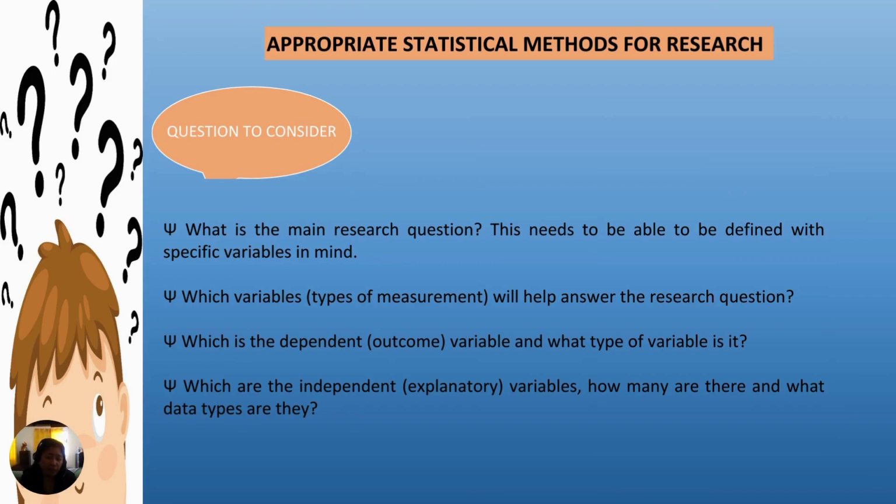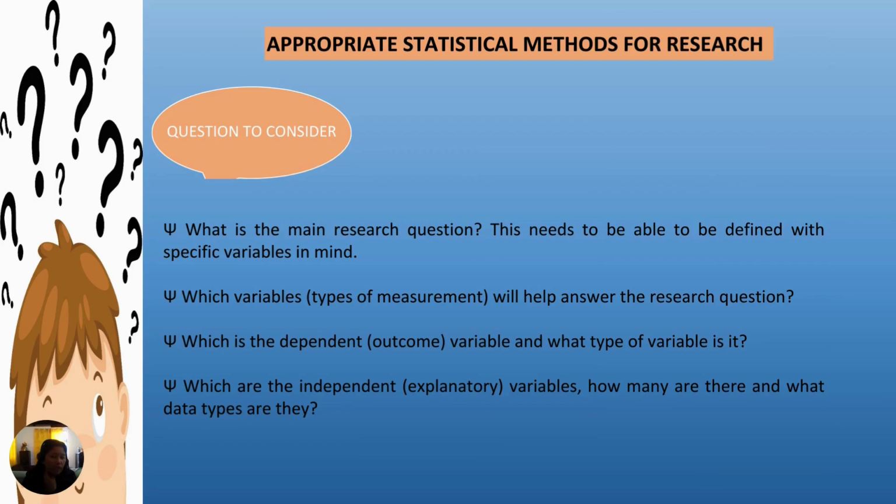So the dependent variable again is the result or outcome you're interested in. Going back to our example, physical activity and how it impacts or affects mental health score, the dependent variable there is the mental health score, of course.